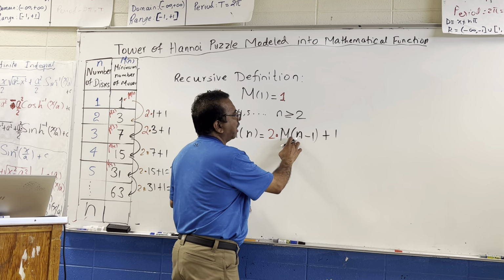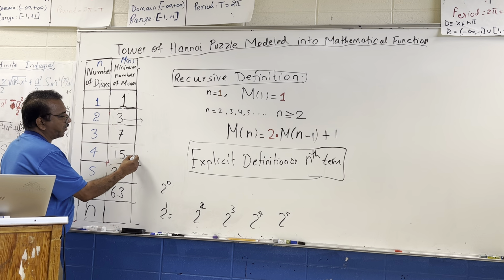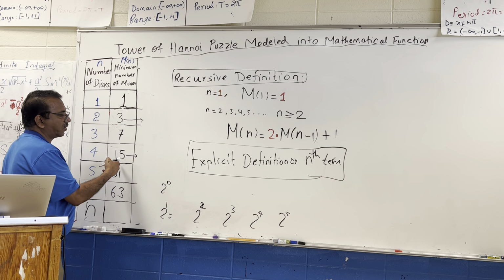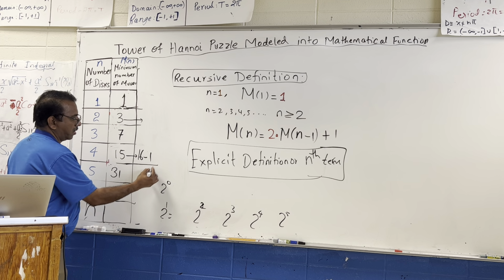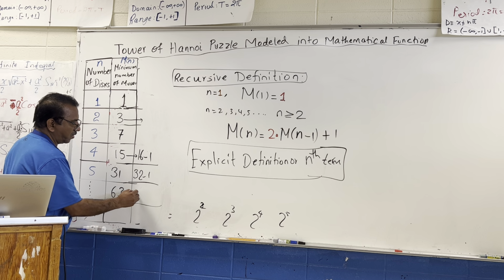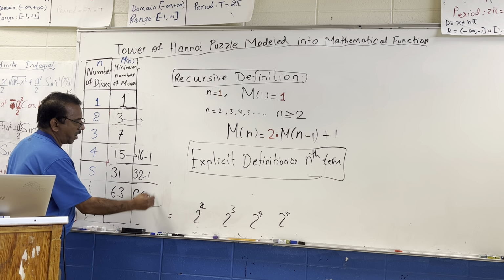You can see that, let's begin with 15. This 15 is 1 less than 16, that is 16 minus 1, right? This 31 is 32 minus 1. This 63 is 64 minus 1.